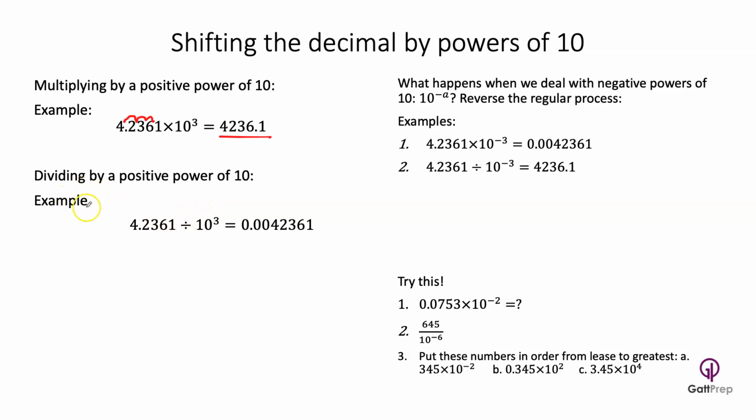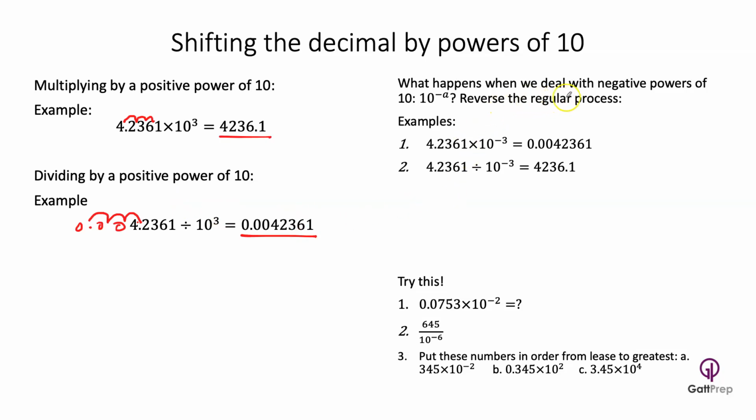So in this example, you have 4.2361 divided by 10 exponent 3, and because we are dividing 4.2361 by 3 powers of 10, we shift the decimal point to the left 3 times. So here you have 1, 2, 3. So here you have 2 zeros, and then the decimal point will appear, and then this yields this result.